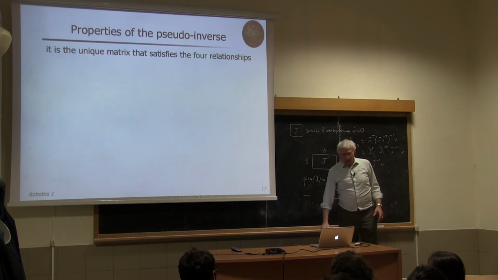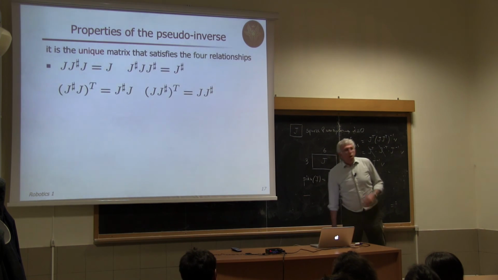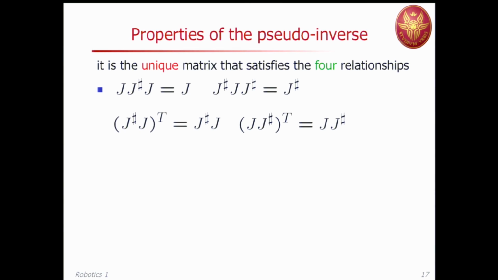Okay? But one would like to know what is this matrix. So it can be said formally that given any matrix, I call it J because I'm thinking of the Jacobian, but this applies to whatever context.